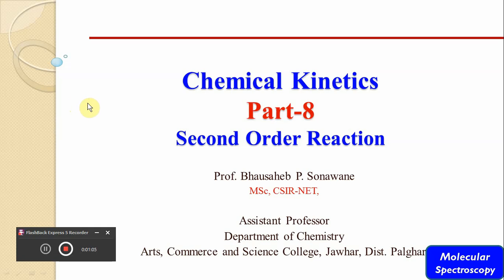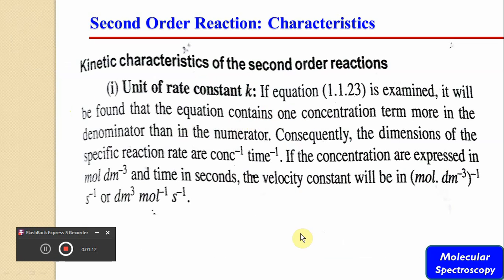If we look at the rate constant of second order reaction, we are all well aware of the equation K2 is equal to 1 upon A into T into x upon A minus x. In this equation, x and A minus x are both concentrations, so x upon A minus x is the ratio of concentrations that will cancel.